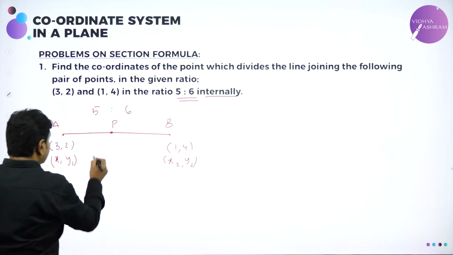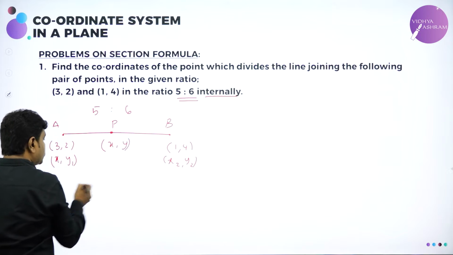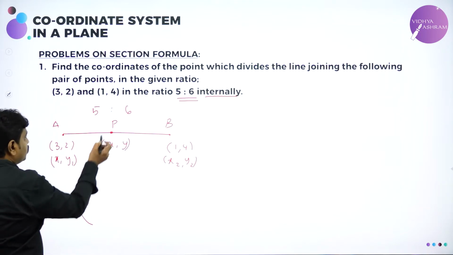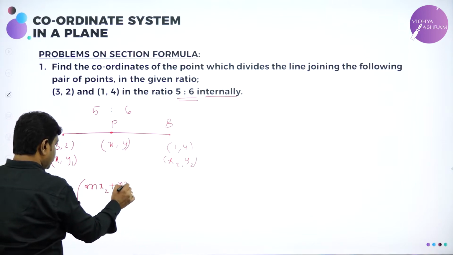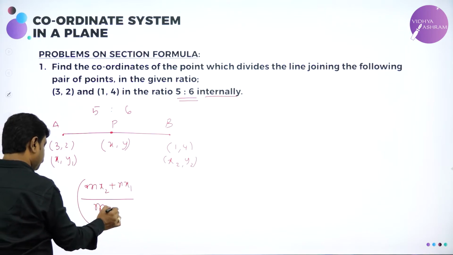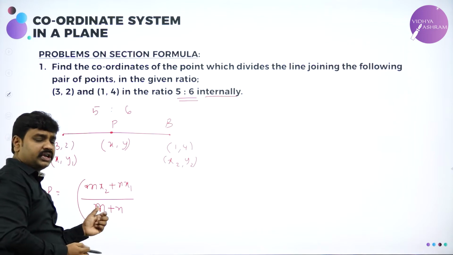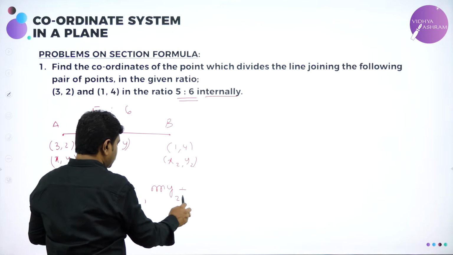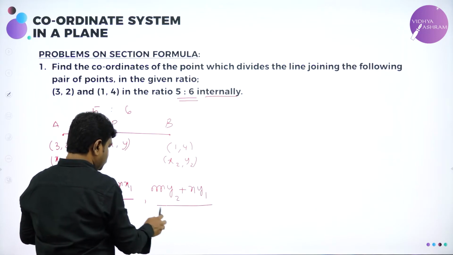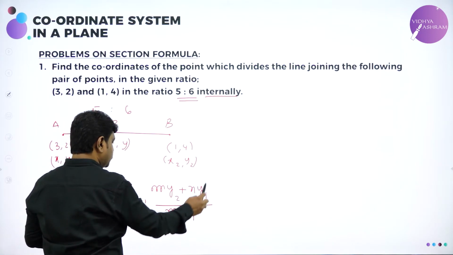P is (x, y). How to find x, y? P is equal to (mx2 plus nx1) divided by (m plus n), which gives the x coordinate, and then (my2 plus ny1) divided by (m plus n), which gives the y coordinate.